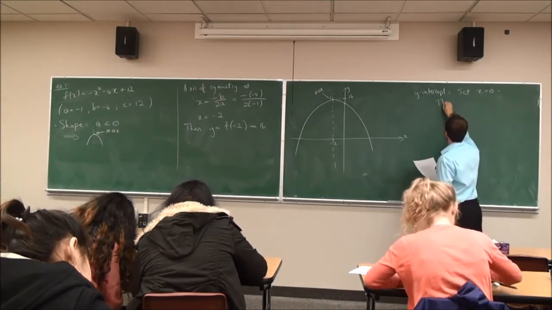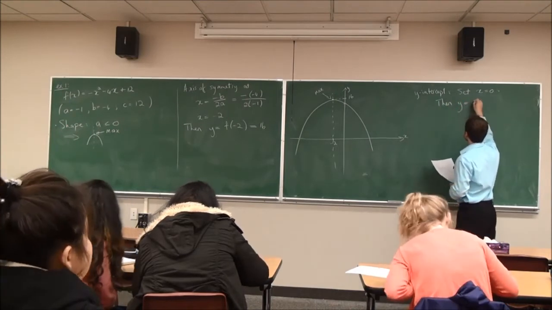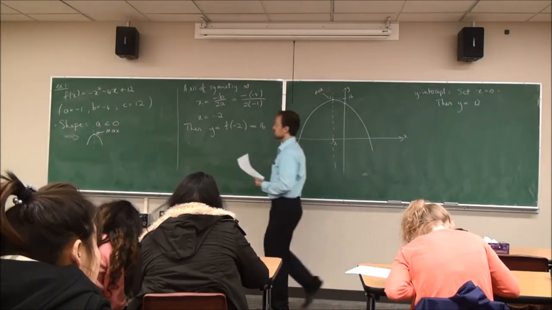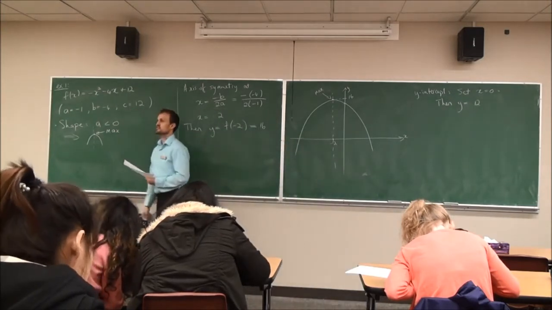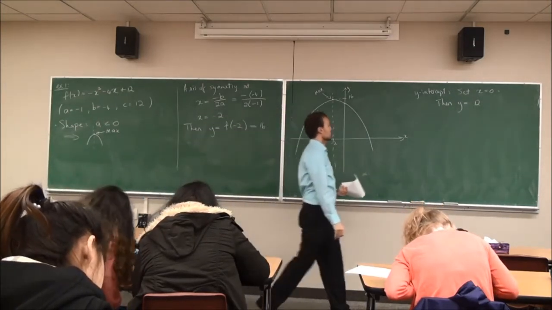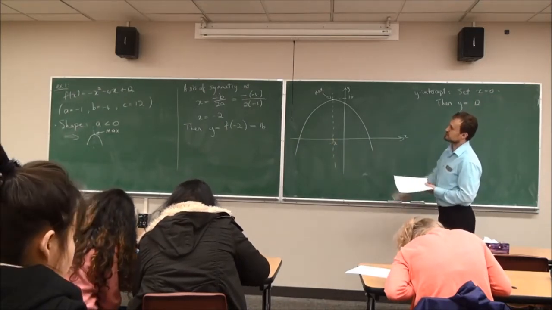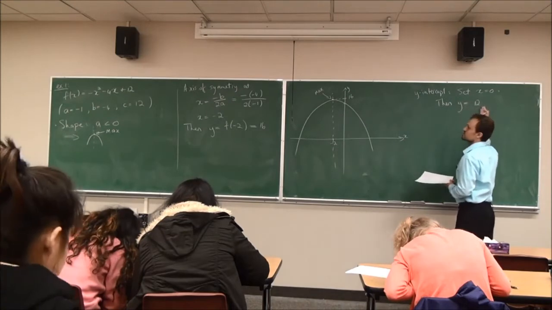Can't you just use that c? Yes, I want to show that it's just that c value. It's always just the c value. It doesn't come up a lot, but it's good to be aware of, because when I set x equal to 0, everything falls away except c, and y is going to be equal to c.